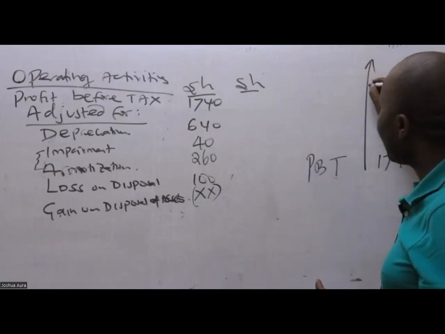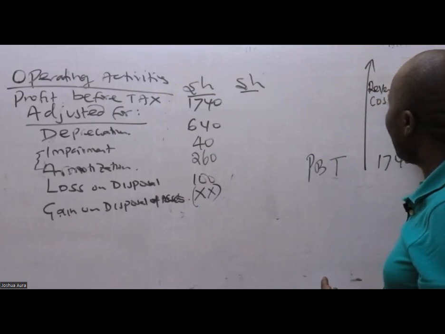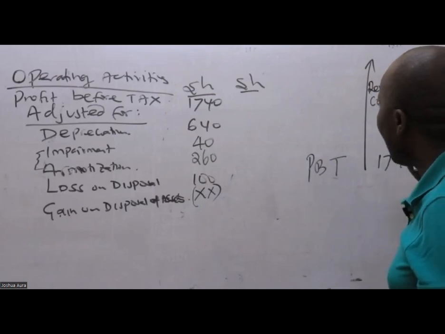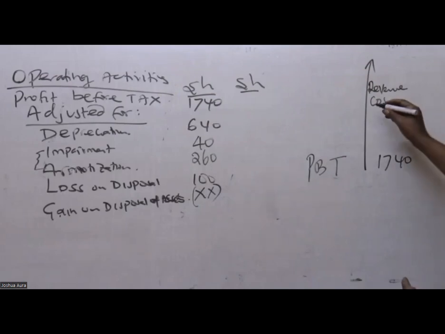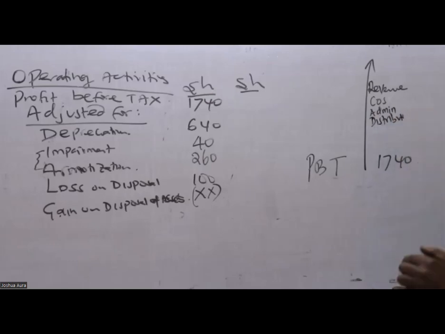The first operating activity is revenue. We have cost of sales, we have any administration expense, and then we have any distribution expense. These are called operating items.